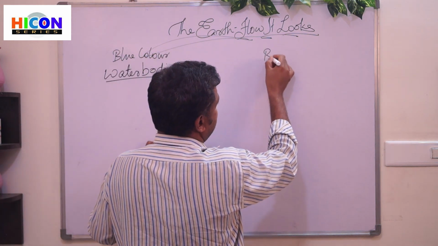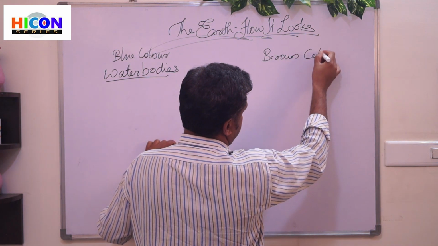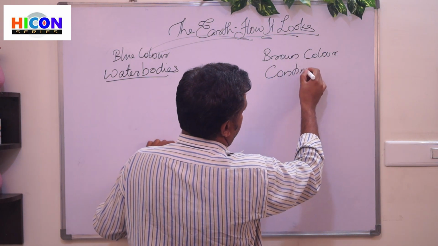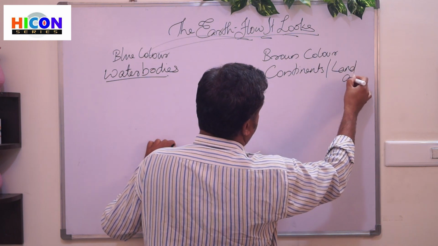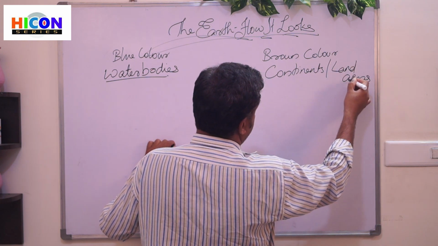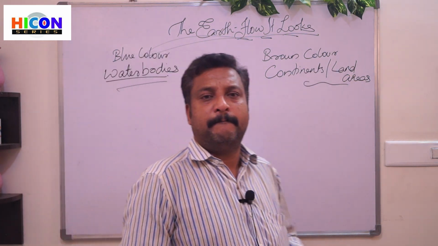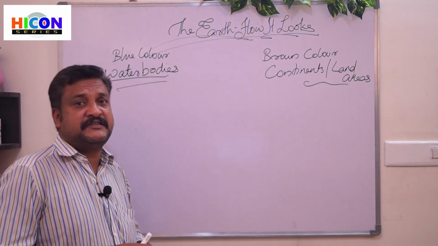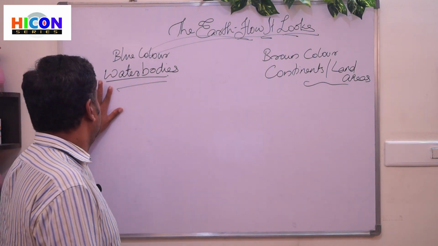And brown color, continents and land areas. Okay, so on the globe, what we have seen in the blue color actually are the water bodies.